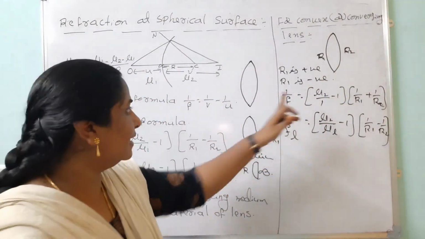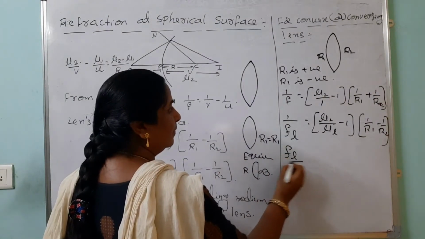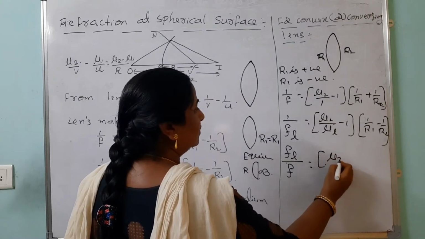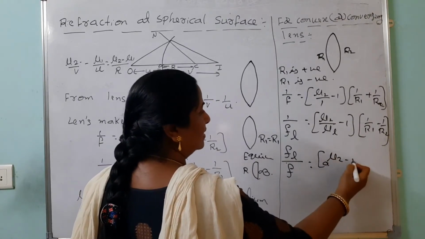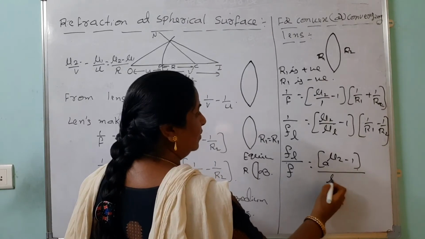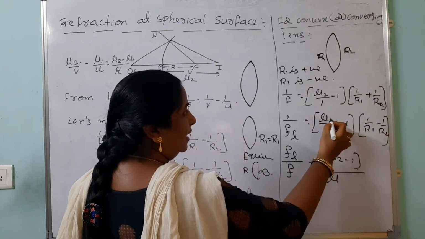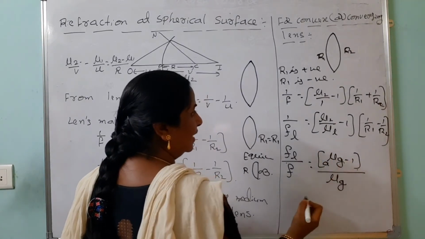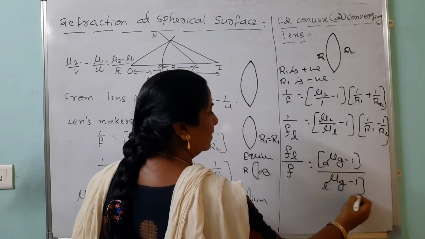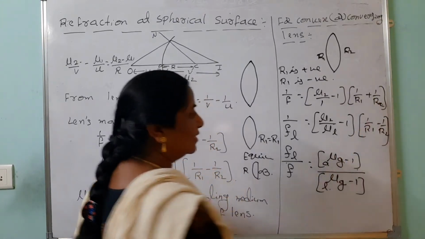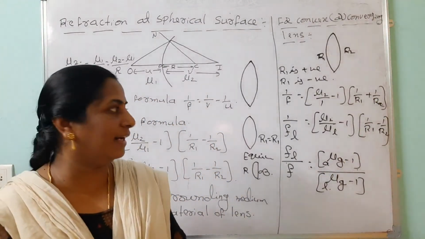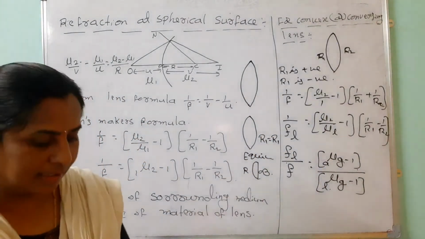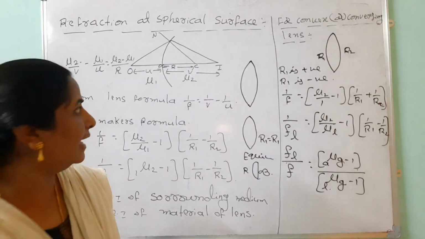At that time we can get the ratio also. fL by f equals, this is mu2, the second medium, which is nothing but glass, because the lens is made of glass, over muL of the liquid, minus 1. The radii terms cancel because both have the same radii of curvature. Like that we can get this for convex lenses with different radii of curvature.